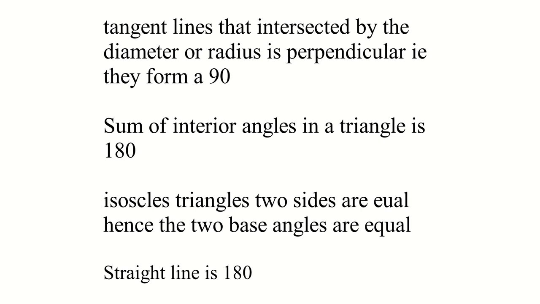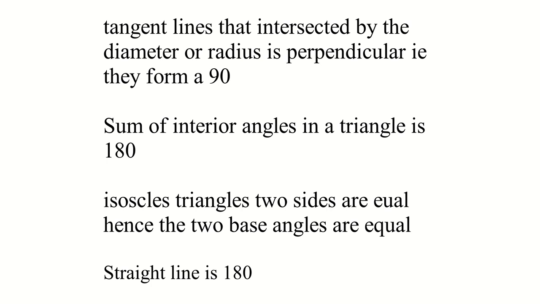Some things that you need to remember: a tangent line that intersects the diameter or radius is perpendicular. So the radius and a tangent, or the diameter and a tangent, will form 90 degrees. The sum of interior angles of a triangle is 180.